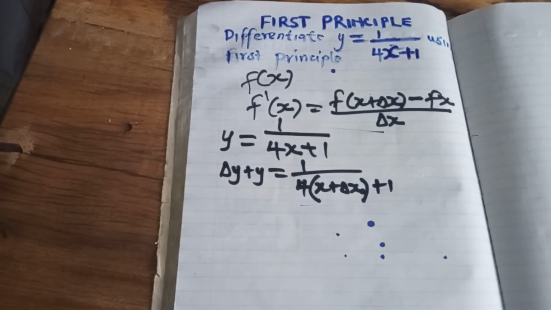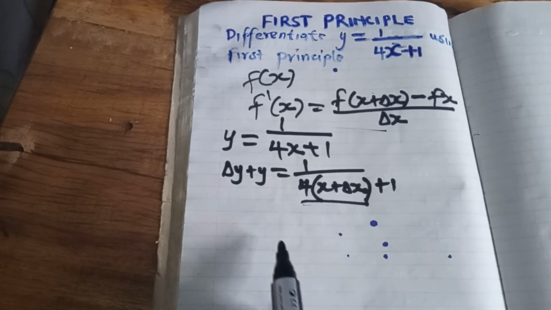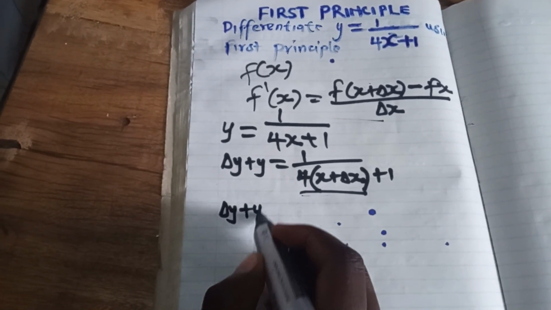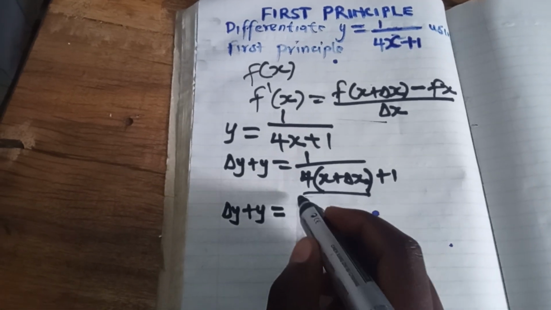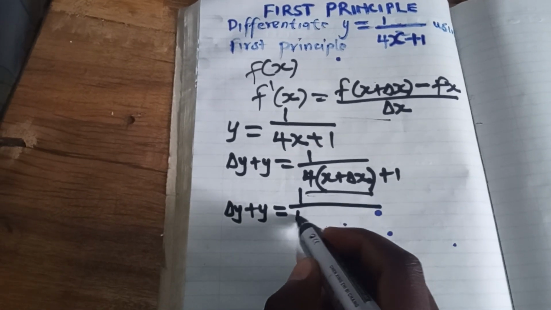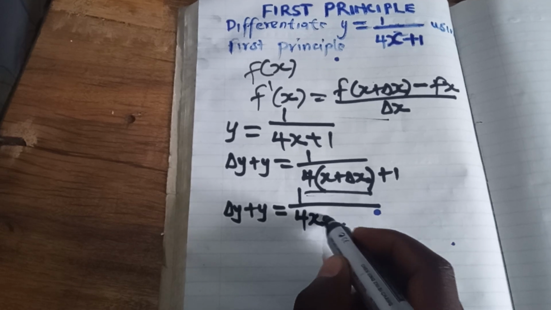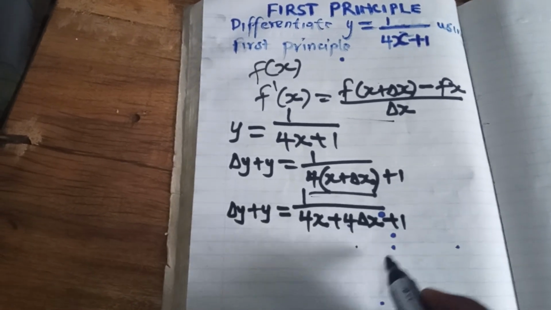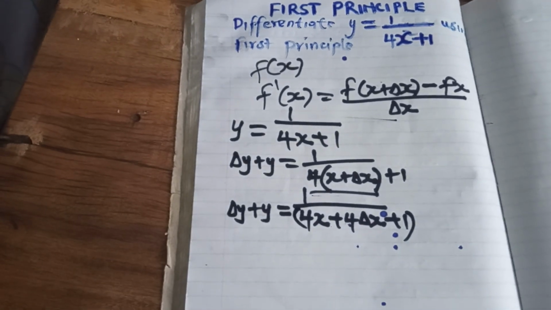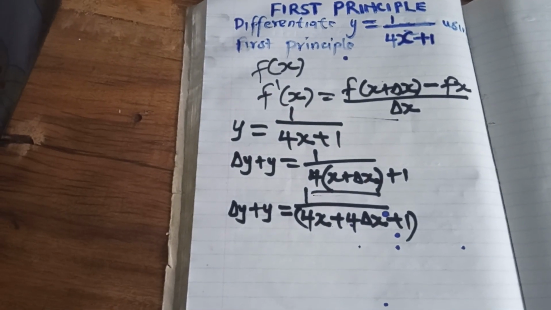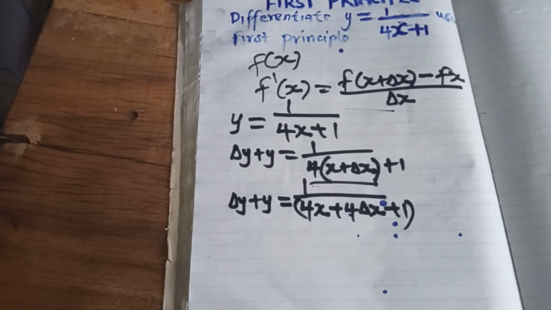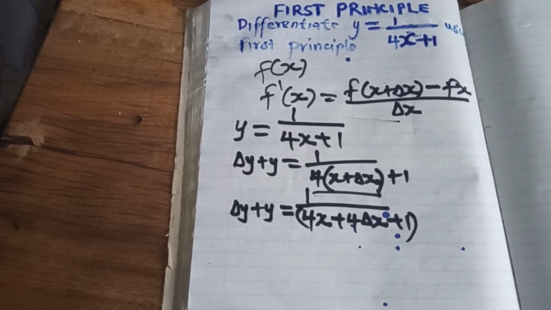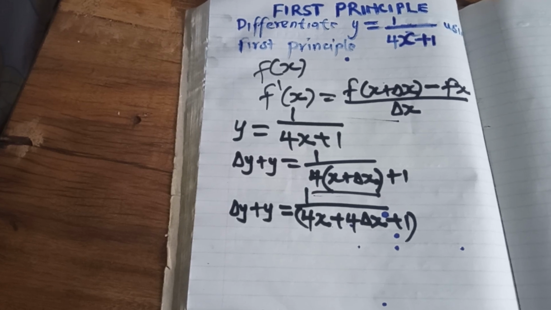Then the next step is to expand this. Then we'll have change in y plus y equals 1 over 4x plus 4 change in x plus 1, all in one bracket. Are we getting? Then in reaching there, we have to make change in y the subject of the formula.